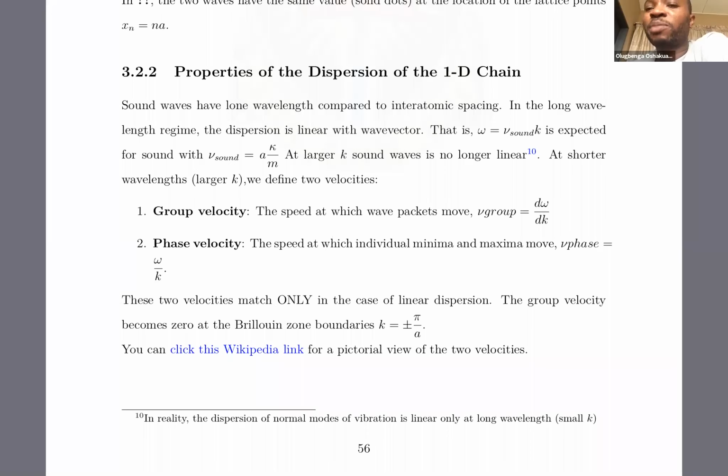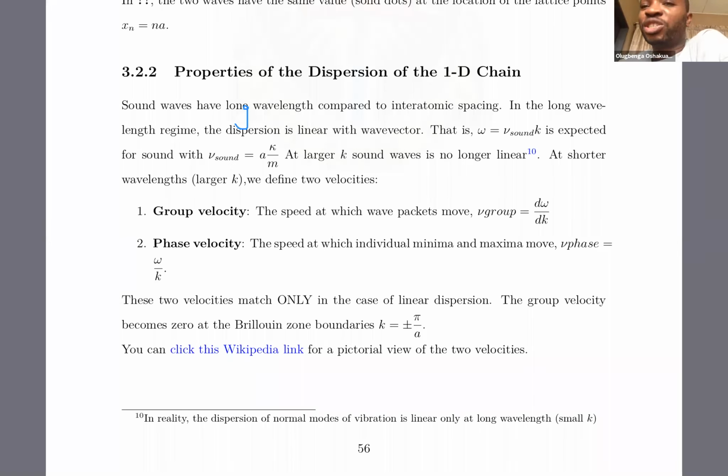So when we talk about properties of dispersion, in the graph we have seen, we'll be talking about how sound waves have long wavelengths compared to interatomic spacing.